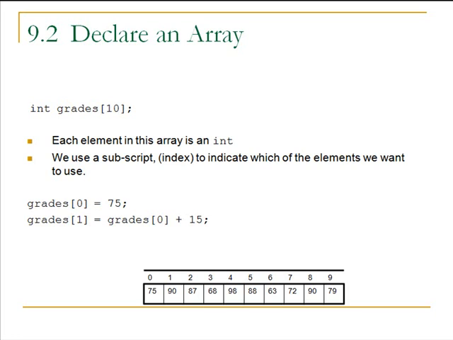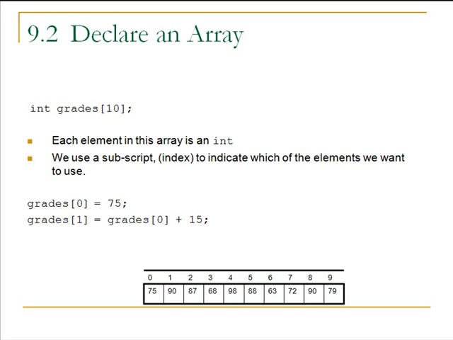Each of the elements can be used the same as you would use an int variable. So grades sub 0 gets 75 means put 75 in that first box in the array. Grades sub 1 gets grades sub 0 plus 15. So what goes in the box grades sub 1?